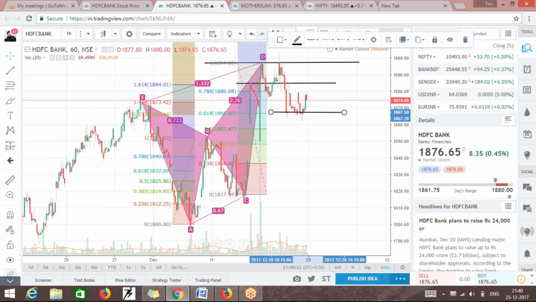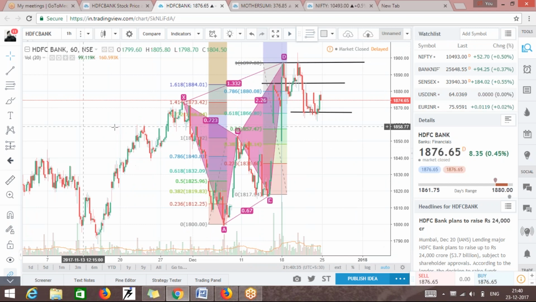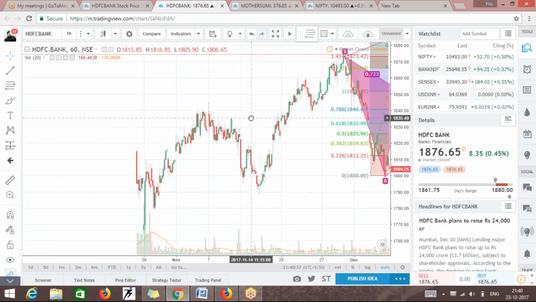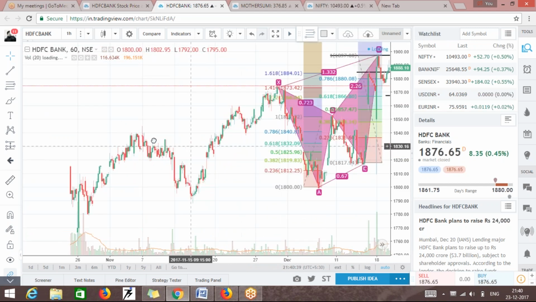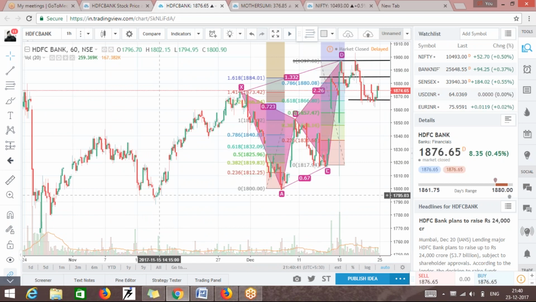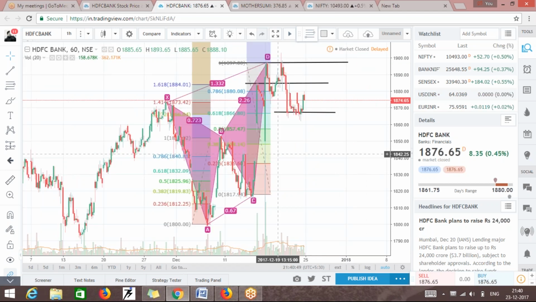I was talking about HDFC, how HDFC is frequently moving in a range. It came to this level, again came back, again moved to this level, again coming back. So I was thinking this setup is also giving a signal that it could come to the next target level, also to this level 1848.